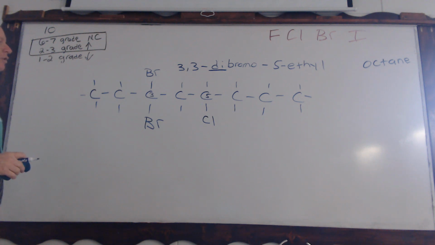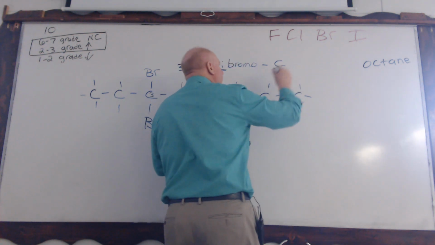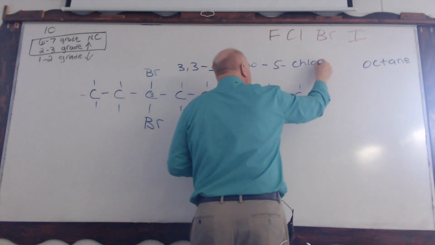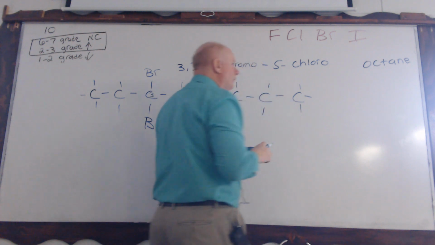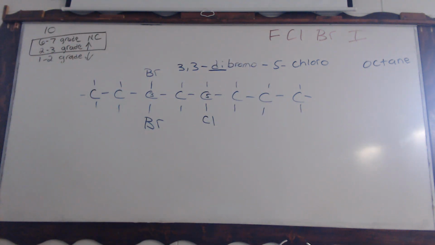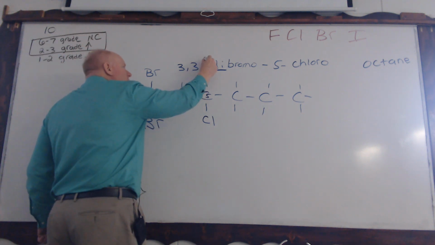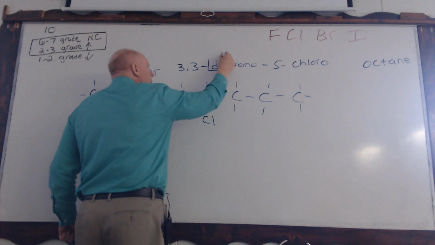Would we have to change the order? Yes. It'd be 5-chloro. No, because bromine would go alphabetical. You would think so, but what do we do with prefixes? You disregard these prefixes. Okay?